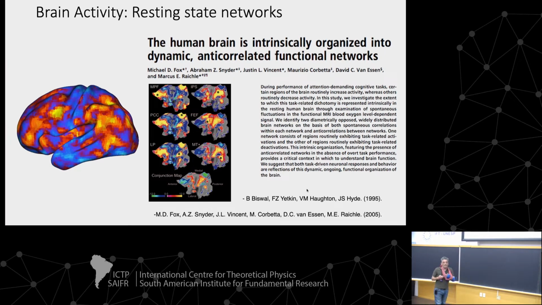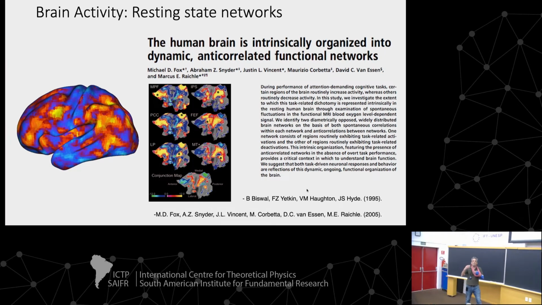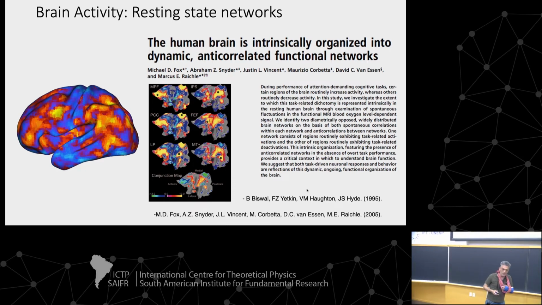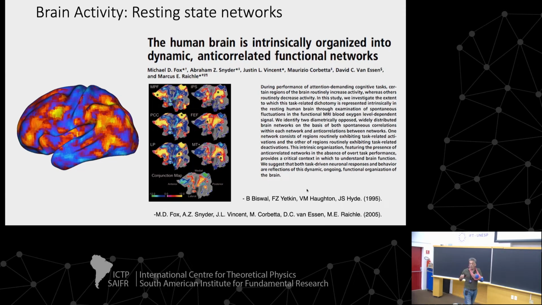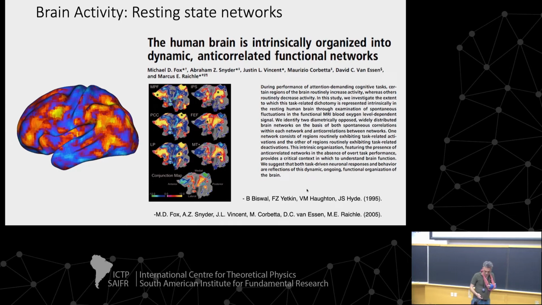This kind of organization rules the activity of the brain even when we are doing something, so it's very important to study this kind of organization. This is an emergent behavior in which groups of neurons coordinate, and this produces behavior, perception, or everything that we do with our brain.